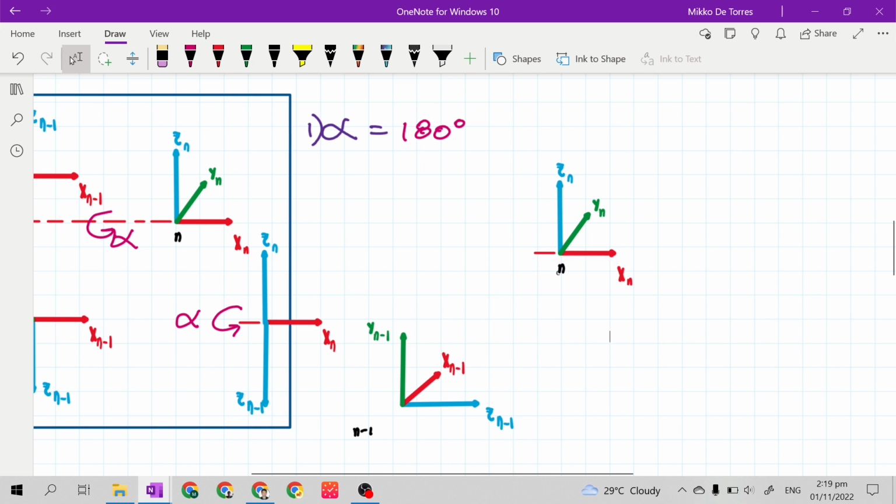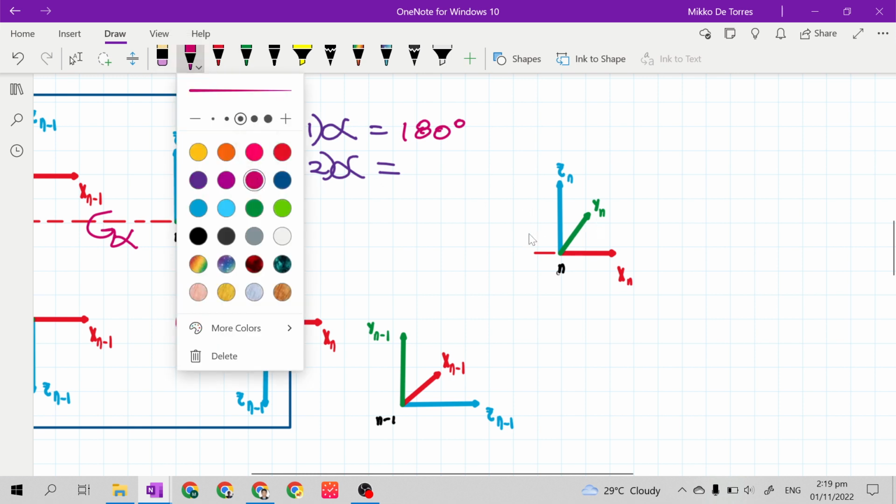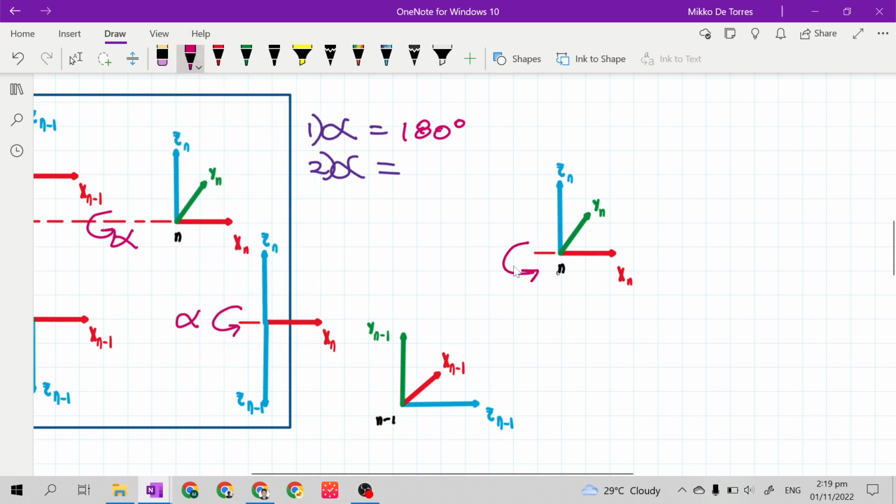So we have frame n, then frame n minus 1. Get the rotation alpha.